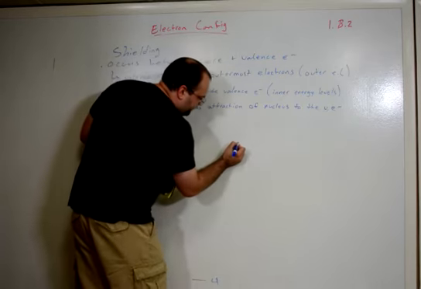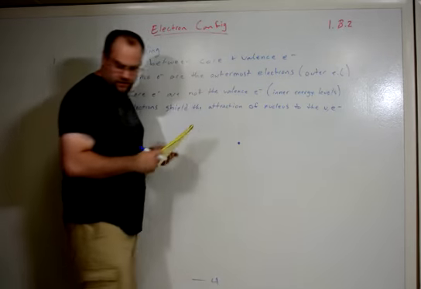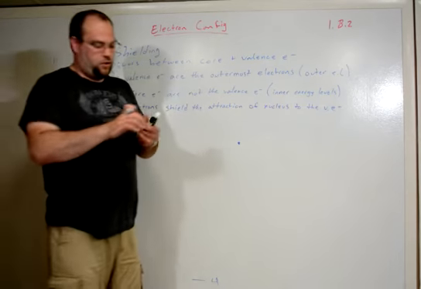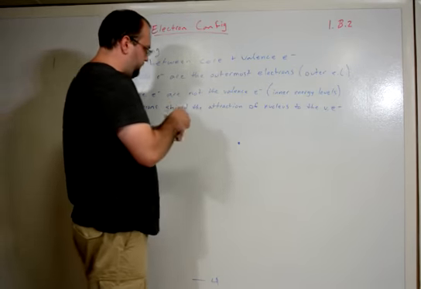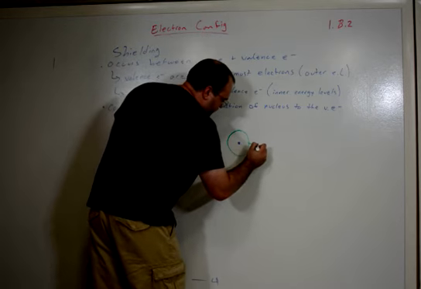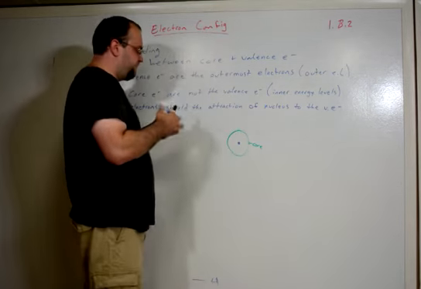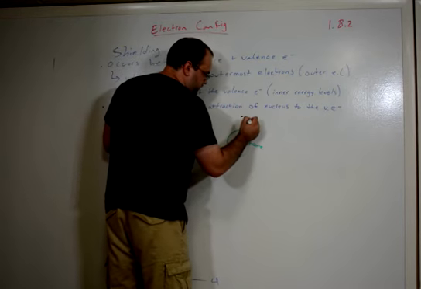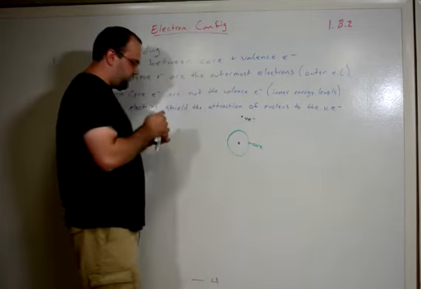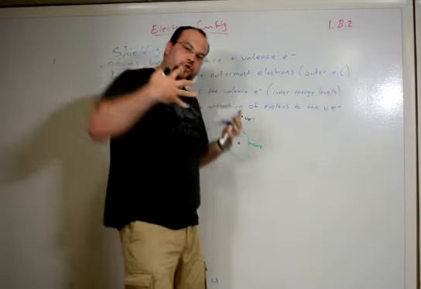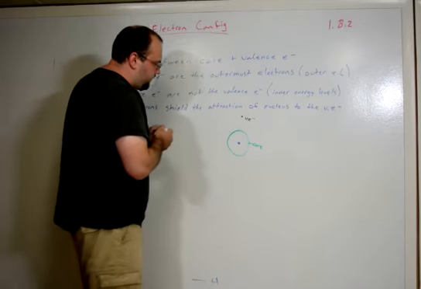So if I have a nucleus here, and I have some core electrons represented in green, these are my core. These valence electrons out here are not going to feel that coulombic, attractive force we were talking about in the last video.